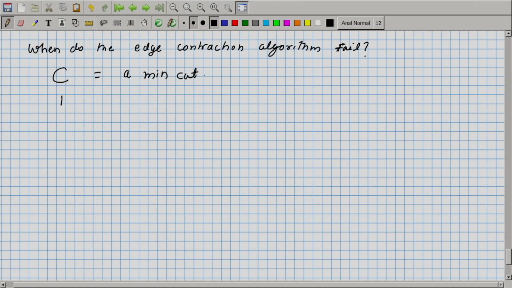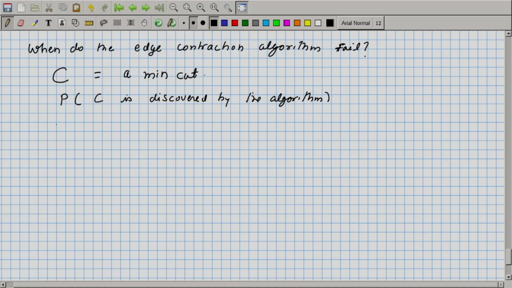Okay. So, if we say that this probability itself is significant, that means the overall probability of success is significant. So, we want to find the probability that C is discovered by the algorithm.